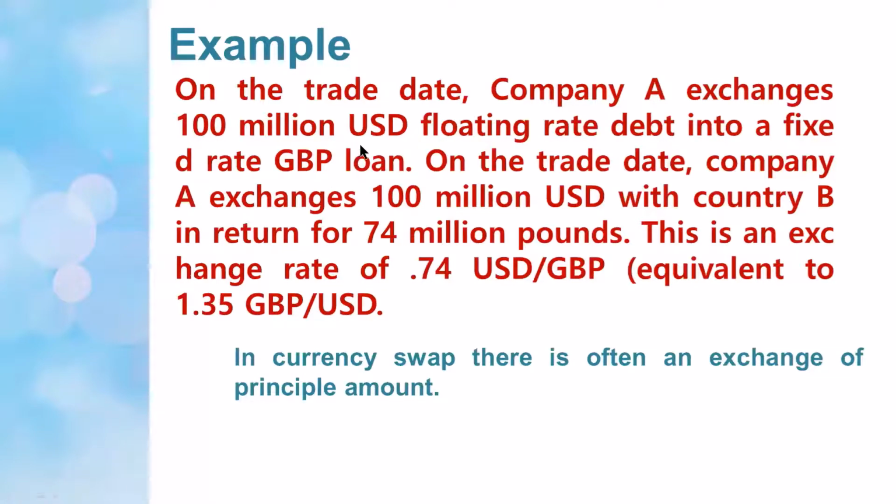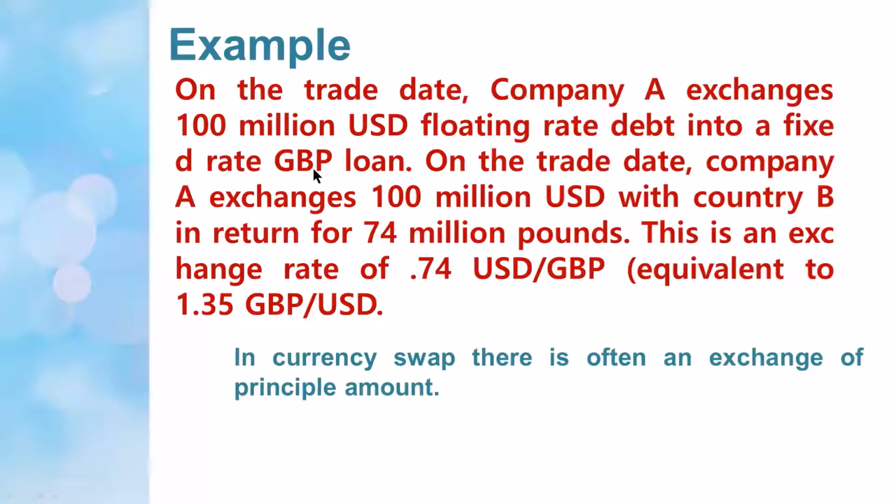One is dollar, another one is pound. And finally, on the maturity date, the final trading date, company A exchanges 100 million US dollars with company B in return for 74 million pounds.